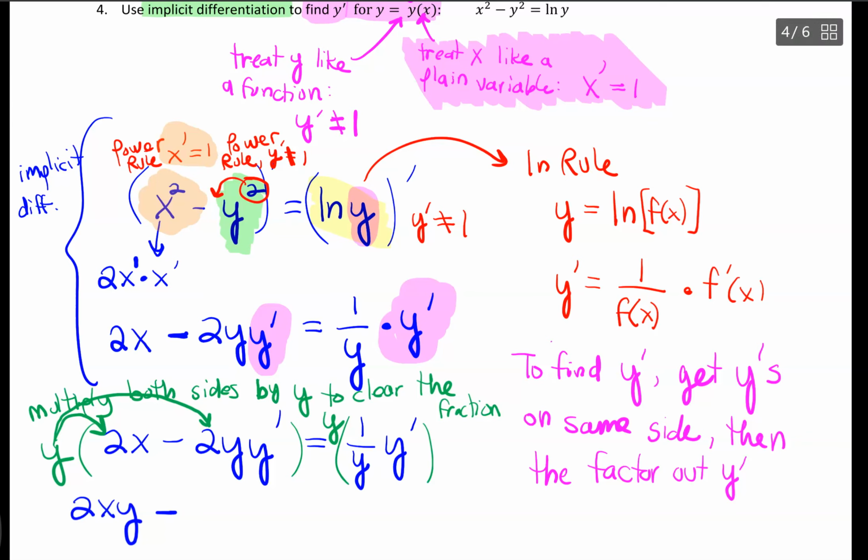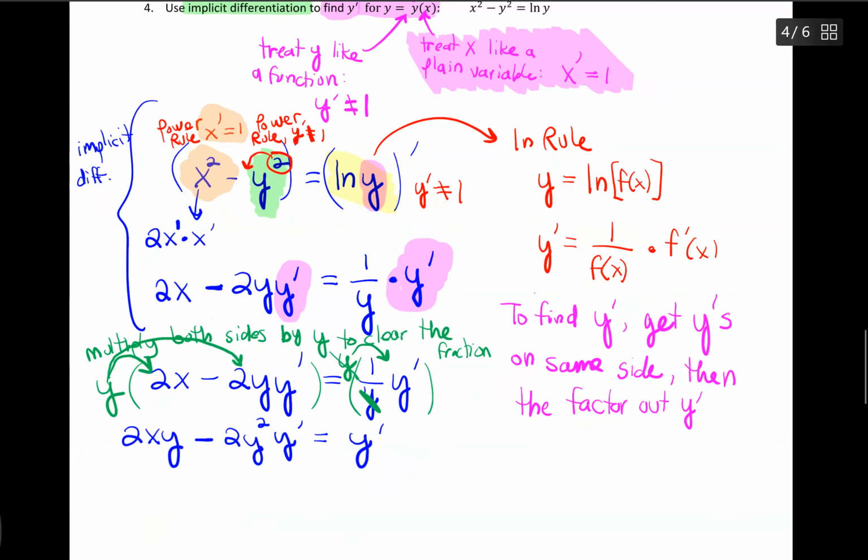So when I multiply y to the next group, I'm going to get 2y squared y prime. And then when I multiply y to this group, the y's are going to cancel out, and that just leaves me a y prime. It just looks prettier. Then you don't have to deal with that fraction, which is hard. Basically, it's hard to type fractions into my math lab. It gets really messy. And we'd end up having a fraction inside a fraction, which is just yuckier.